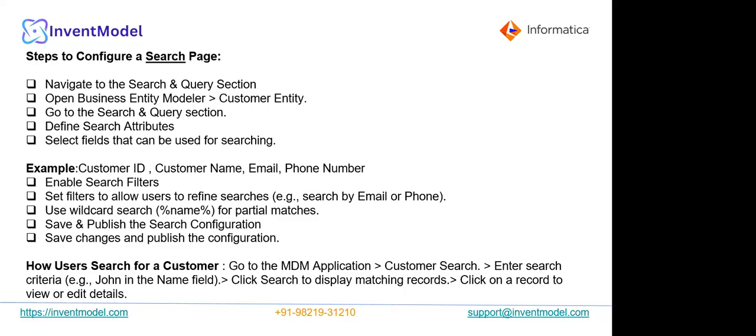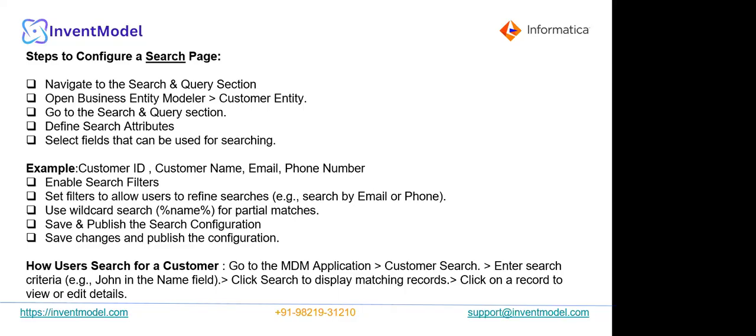And how do users search for a customer? For that we need to go to the MDM application, and in Customer 360 there is a search option. There is a search icon, and we search whatever we want, like the name John in the name field.